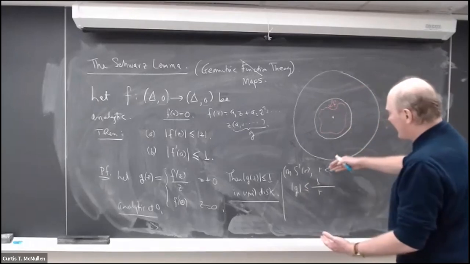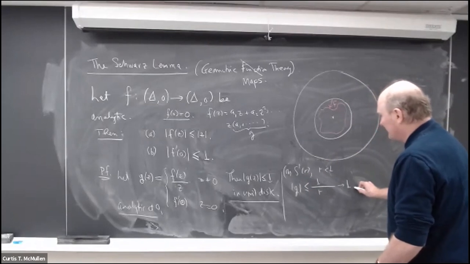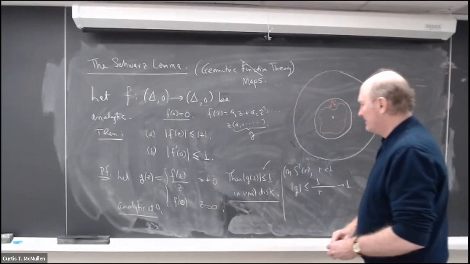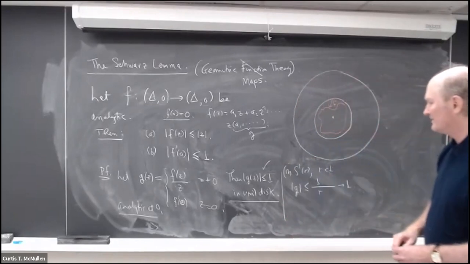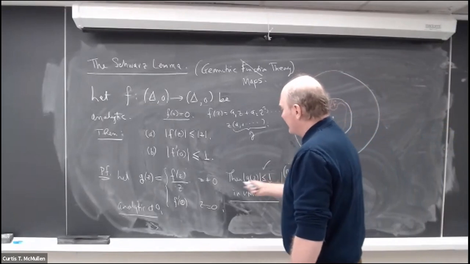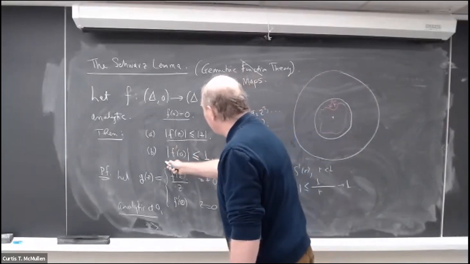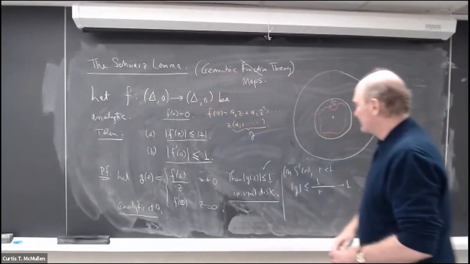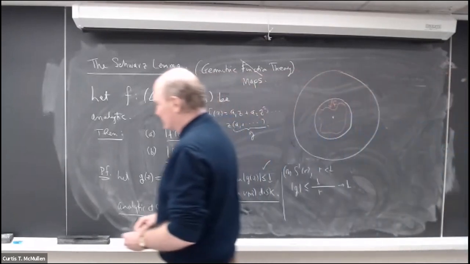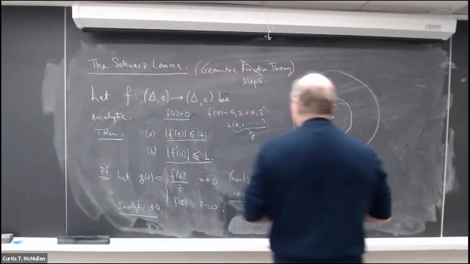As r goes to 1, that region gets bigger and the bound gets better, approaching 1. So you can make this conclusion even though f might not be bounded, or defined on the boundary of the circle. To say the absolute value of g of z is at most 1 is exactly to say that the absolute value of f of z is less than or equal to the absolute value of z, and the absolute value of f prime of 0 is less than or equal to 1. That is the classical Schwarz lemma, and what it relies on is the maximum principle.